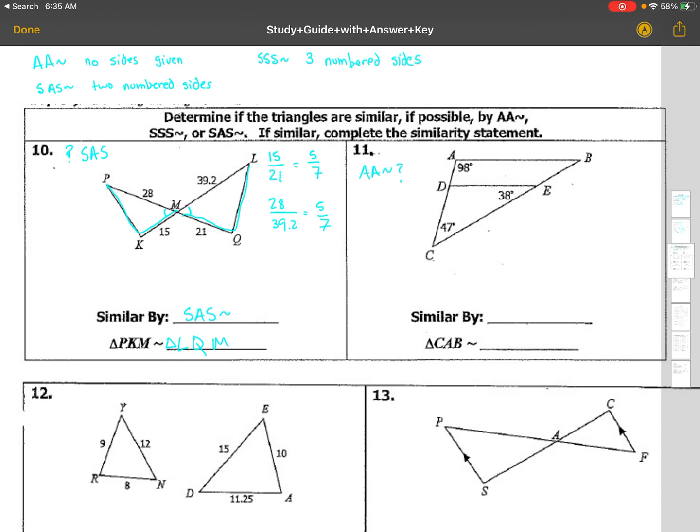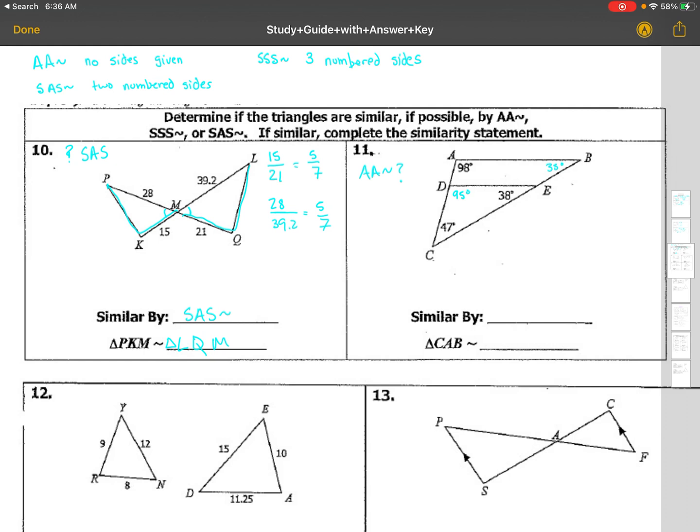In triangle CDE, 47 plus 38 is 85, and 180 minus 85 is going to make angle D 95 degrees. In triangle CAB, 47 plus 98 is, I'm sorry, 145. And 180 minus 145 is 35 degrees.